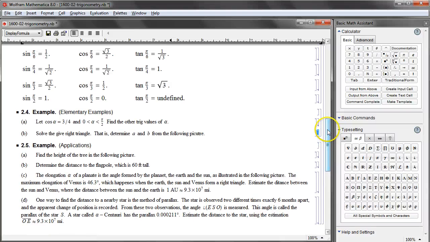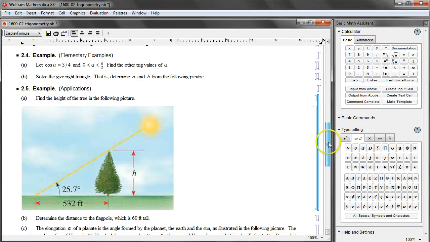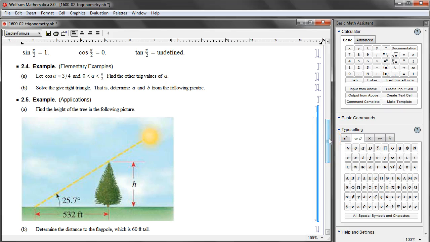Okay, we went through elementary examples, so are we ready to go on to a little bit more real-life application problems that use those elementary examples? Well, here's one. Finding out a height of a tree. And this is a realistic example, as you see. Finding out the height of a tree is not an easy thing to do.